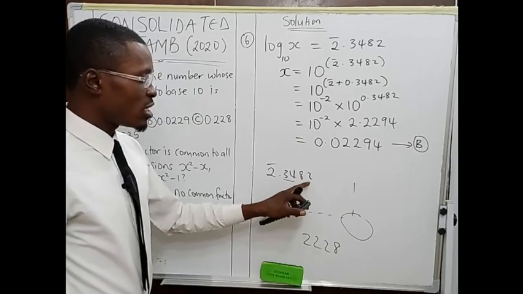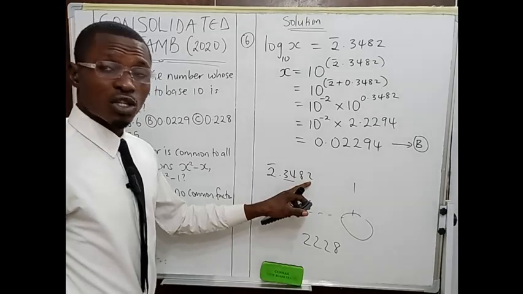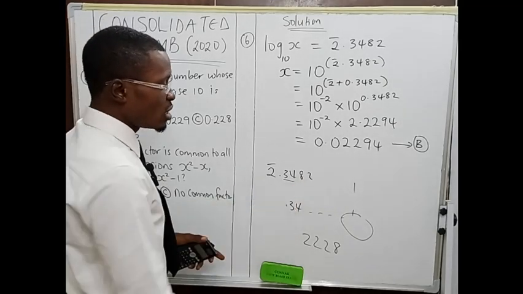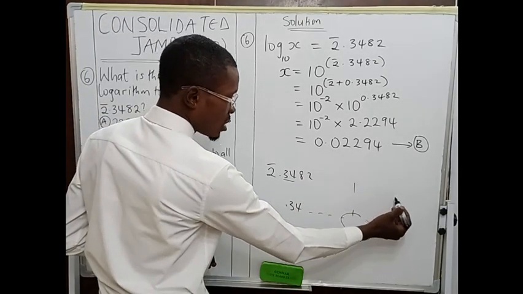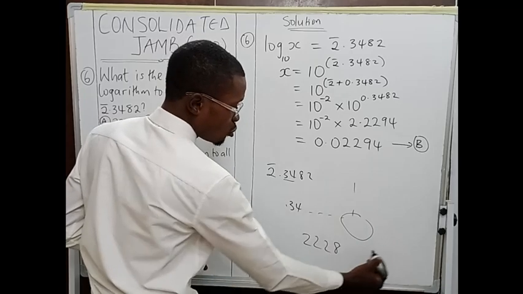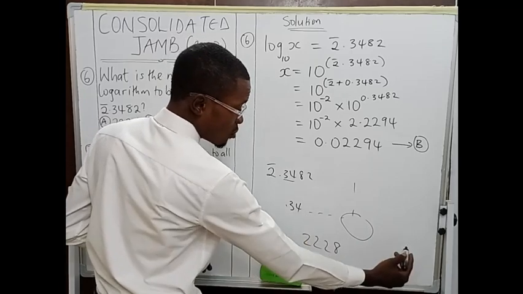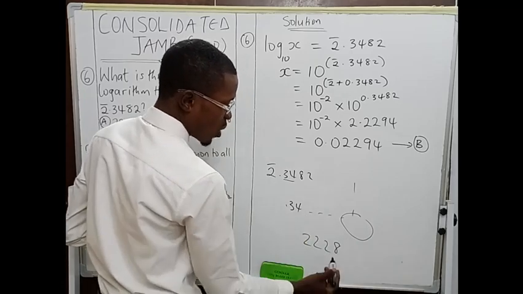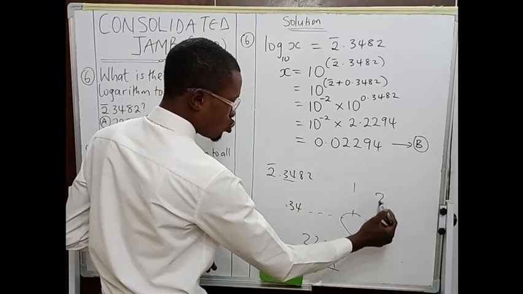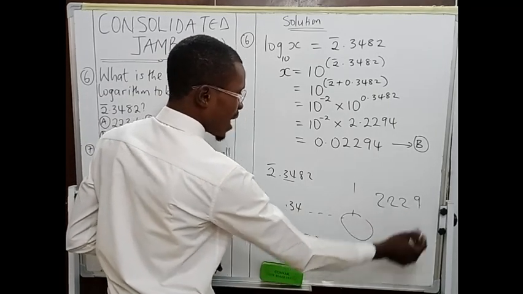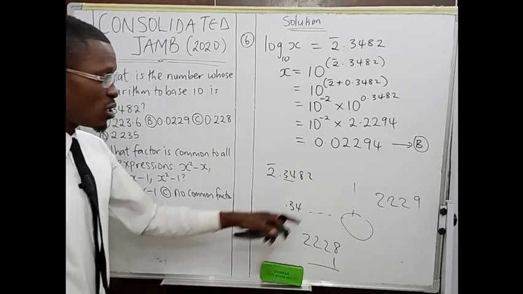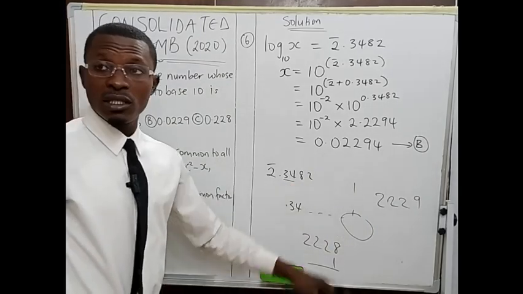Then you go to the section of the difference. The difference of 2, under this column and under the row of 34, you're going to have 1. So add 1 to this and you have 2229. Then we replace the decimal point.